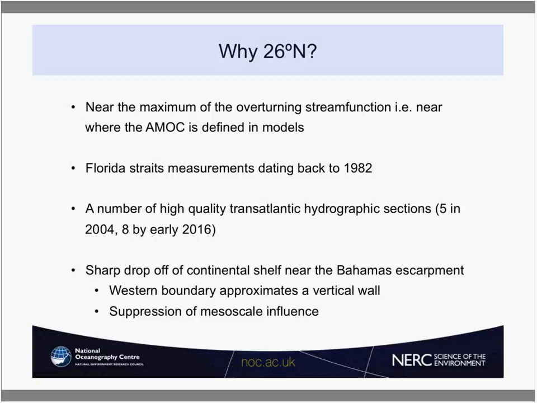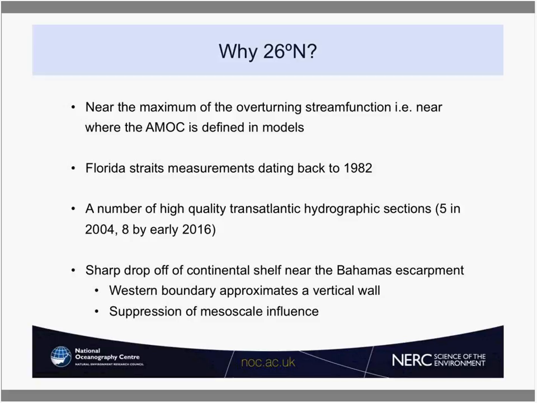Now, before we started the program, one of the really crucial elements of 26 North is that there's a sharp drop-off of the continental shelf near the escarpment. Now, this has 2 impacts. The first is that the western boundary can be approximated as a vertical wall, which is very important for some of the assumptions that we make when we use dynamic height differences to make our measurements.